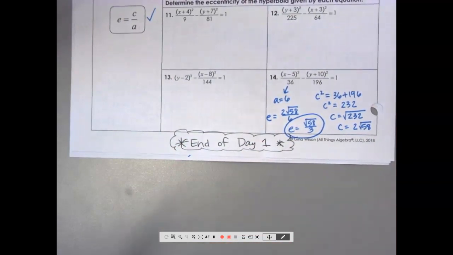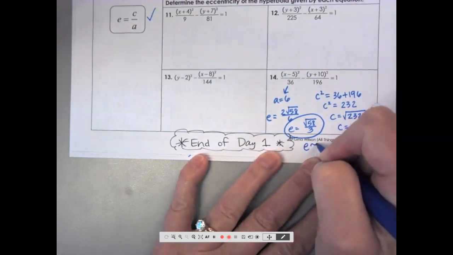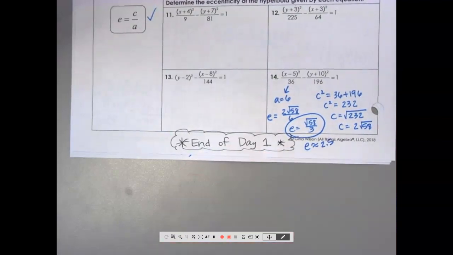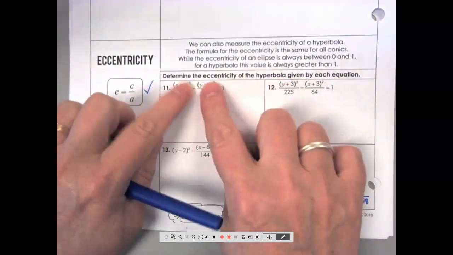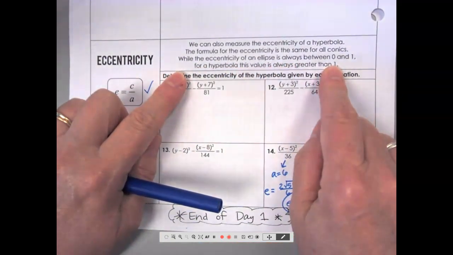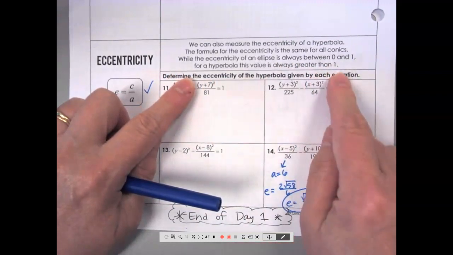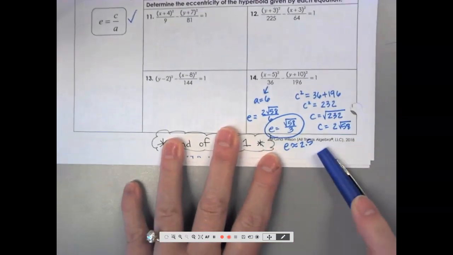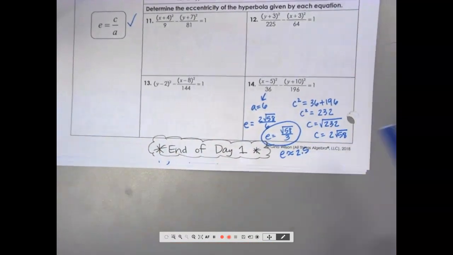And if I needed a decimal for that, let's see, square root 58 divided by 3 is 2.5. Okay. And if you'll look back up here, it says the ellipse was always between 0 and 1, but a hyperbola is always greater than 1. That's because that C value is bigger than A on this one. So we'll always get a fraction that's more than 1. Okay?